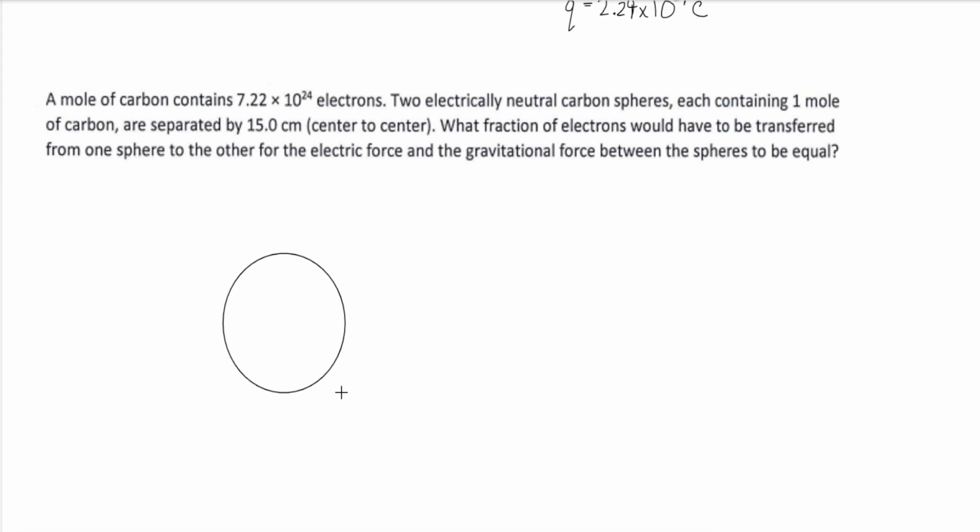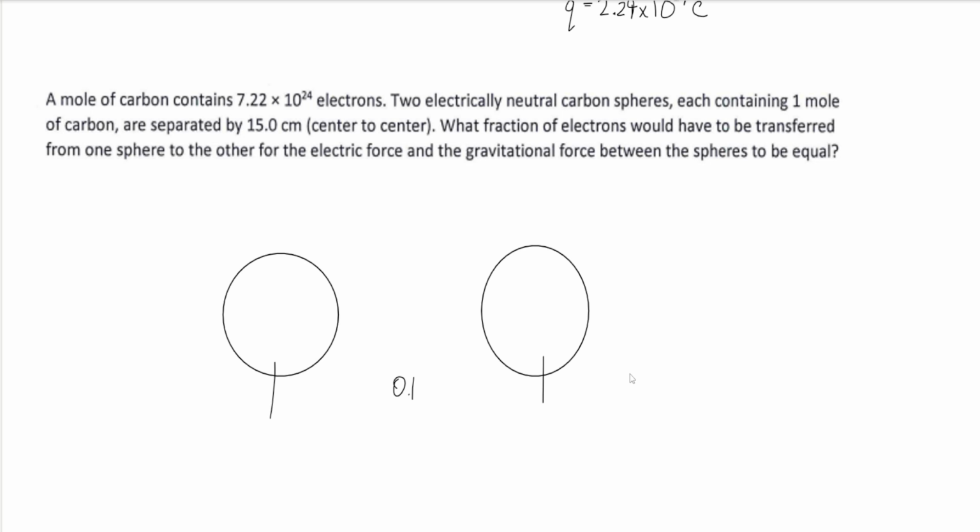Are they touching? Okay, good. Nice. I like it. Even converting that. So 0.15 meters between them. And they're neutral.